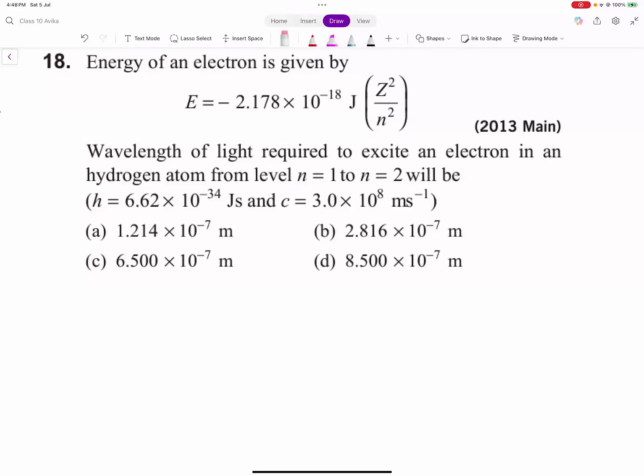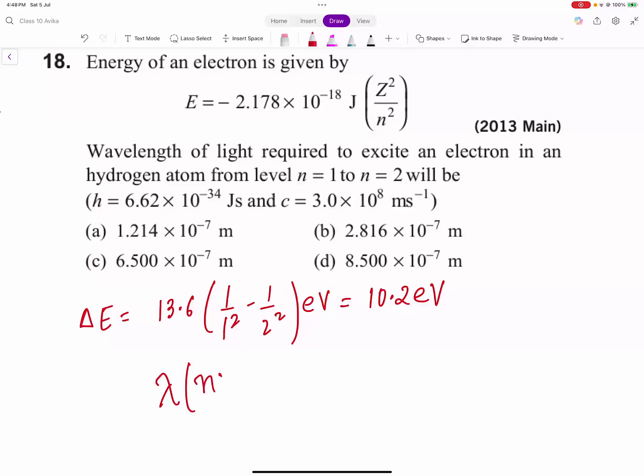So we can find the delta E, right? Delta E will be how much in electron volt? It is 10.2 eV.